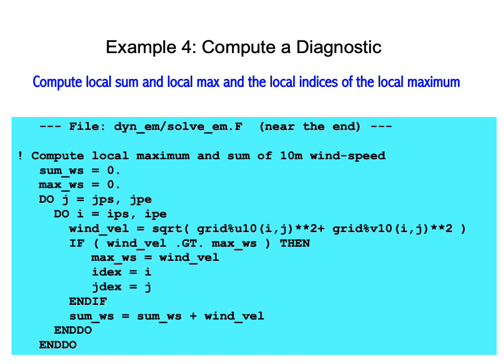At the end of this do loop, what we have is the total sum of the wind speed, and we can then divide that by the number of grid cells, and that would give us the average wind speed. We know the maximum value, which is max WS, and we know the I and J locations of that, IDEX and JDEX.